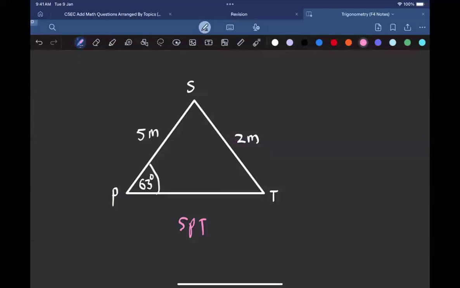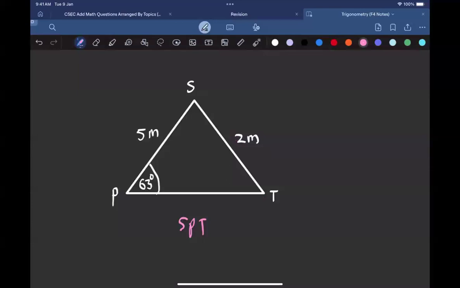What makes something included? What's the rule for something to be included? Anytime you have an included angle, that's when you know to use the cosine rule. An included angle is an angle between two sides that you know the length for. You have to know the length.